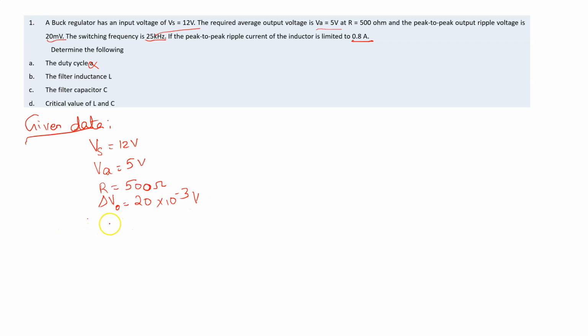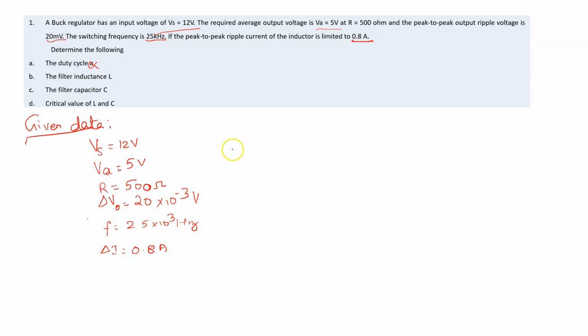Switching frequency is 25 kilohertz, so F is 25 into 10 power 3 hertz. The peak to peak ripple current of the inductor is limited to 0.8 ampere, so del I equal to 0.8 ampere.